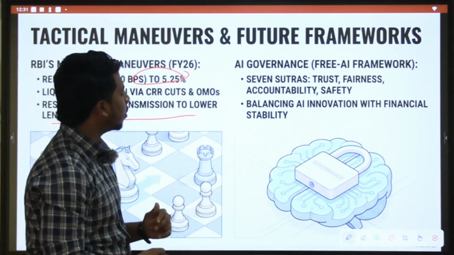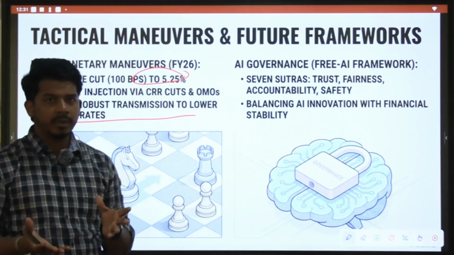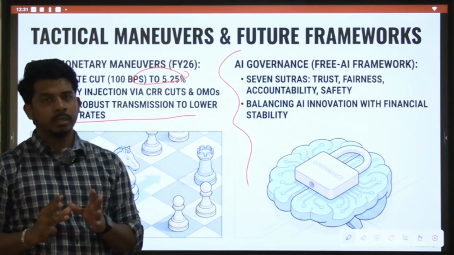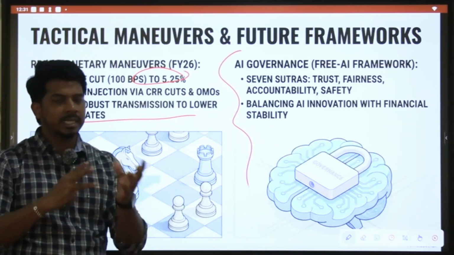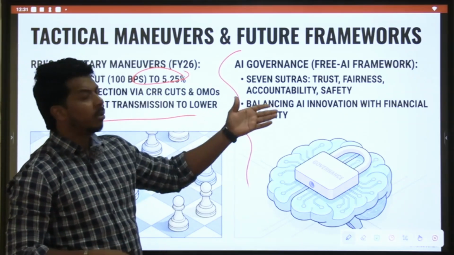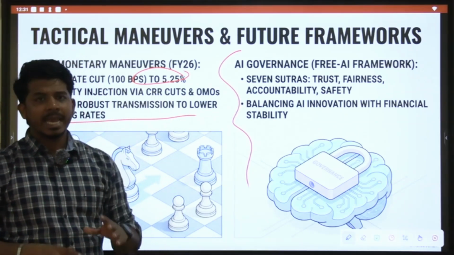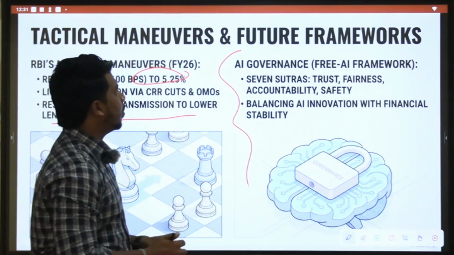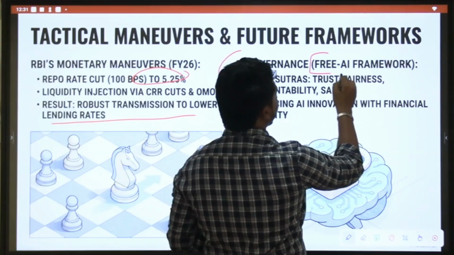And we know technology is everywhere, AI is everywhere, and we have seen AI is a double-edged sword. AI will have benefits and disadvantages. We have seen the negative consequences of AI. So to regulate AI in the financial system, RBI has come up with something called the FREE AI framework.